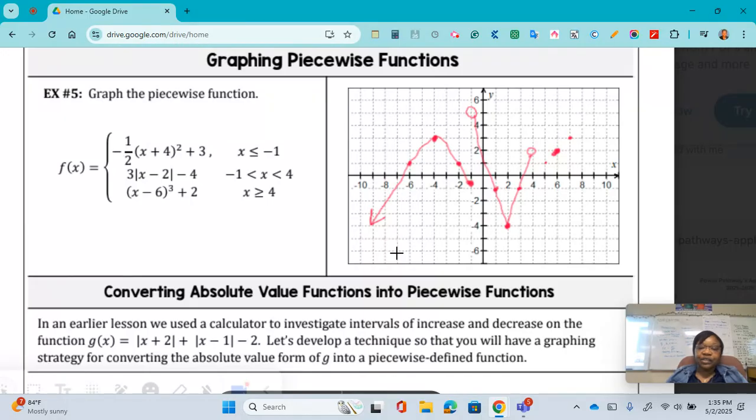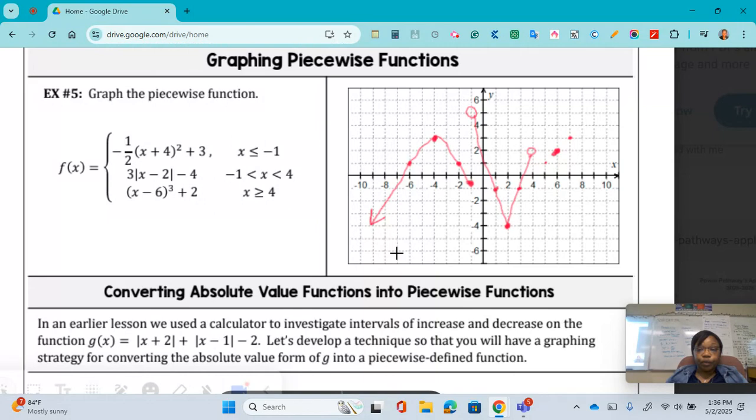Now, this function is only for values that are greater than or equal to 4. So will that be a closed circle or open circle? Closed circle.